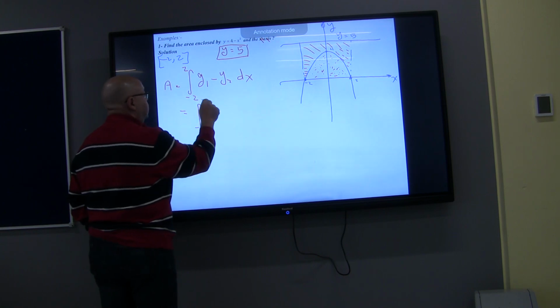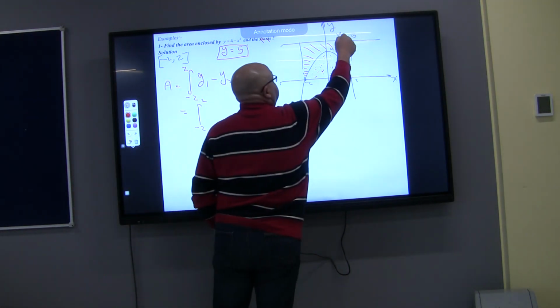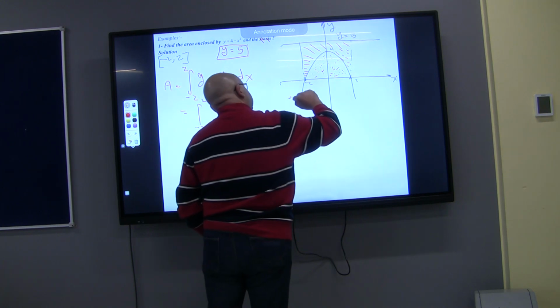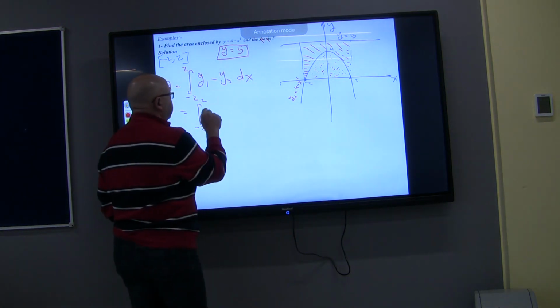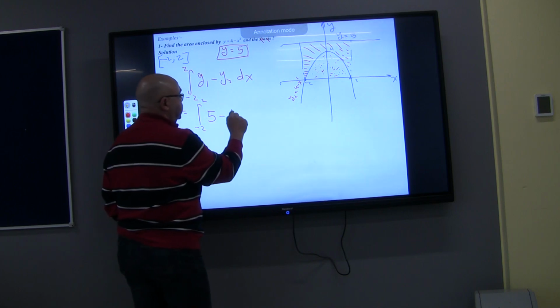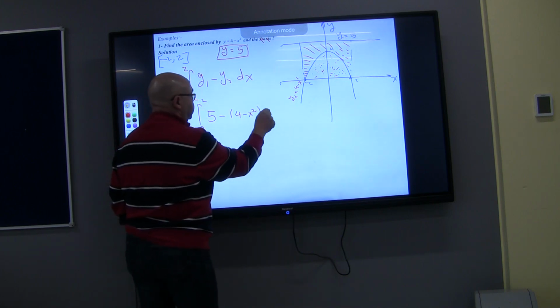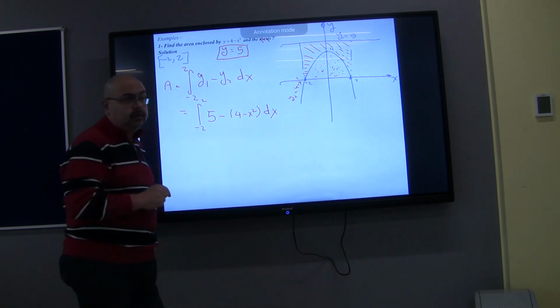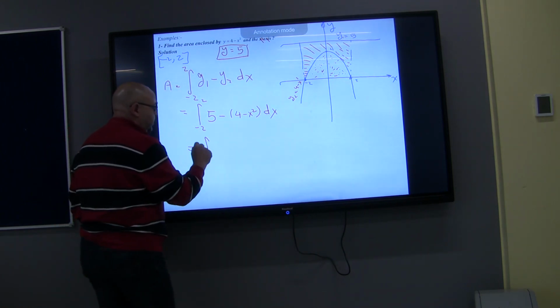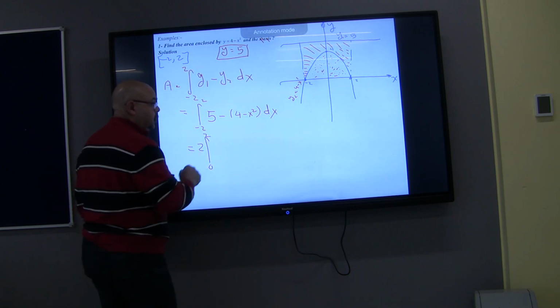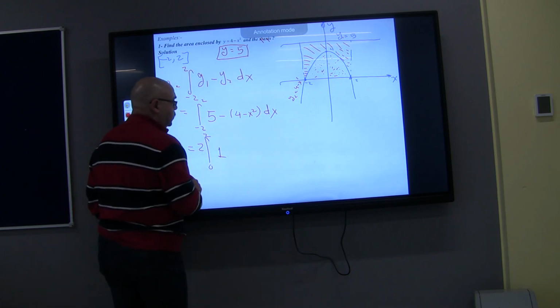So negative 2 up to 2, y1, this is y1, and this is y2, which is 4 minus x squared. So you have 5 minus 4 minus x squared with respect to x. The step after that, this will equal the integral, let's replace it from 0 to 2. 5 minus 4 is gonna equal 1.